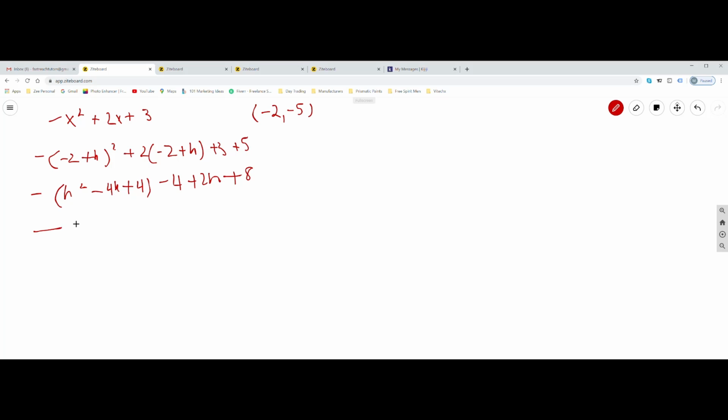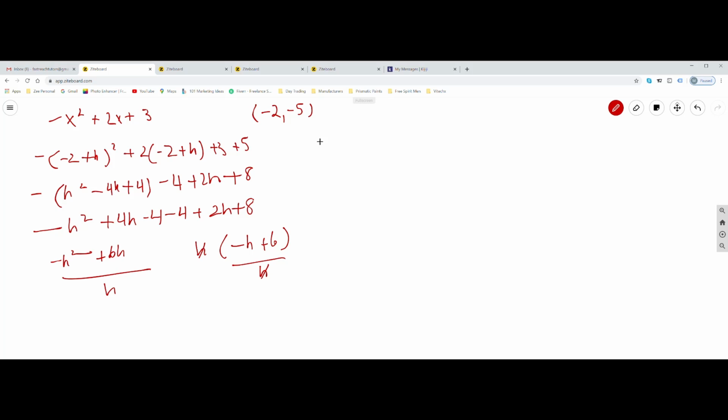You're left with minus h squared plus 6h over h. You have negative h plus 6. Substitute 0 as h, and you have 6.